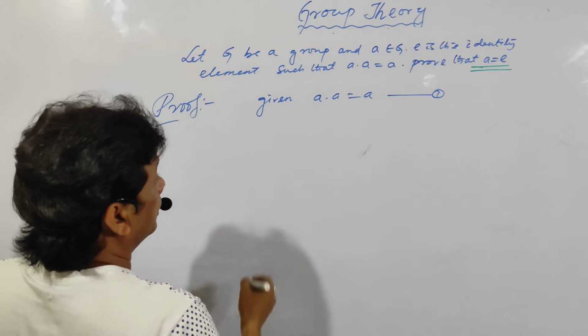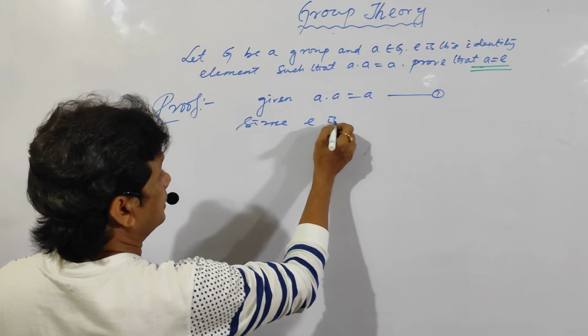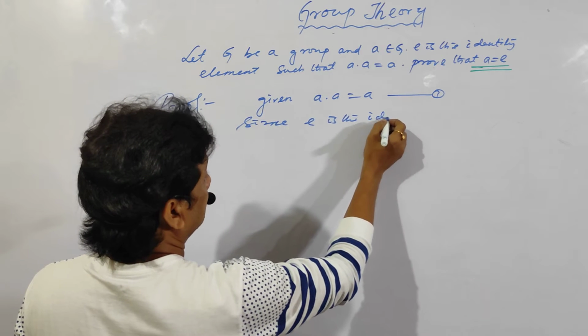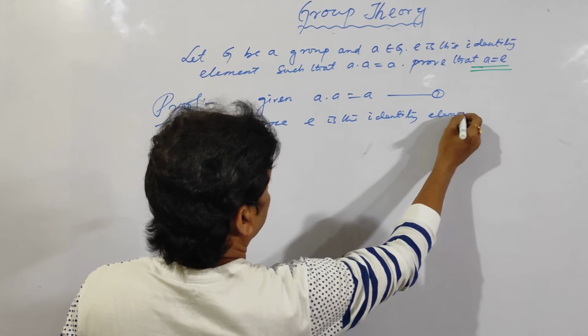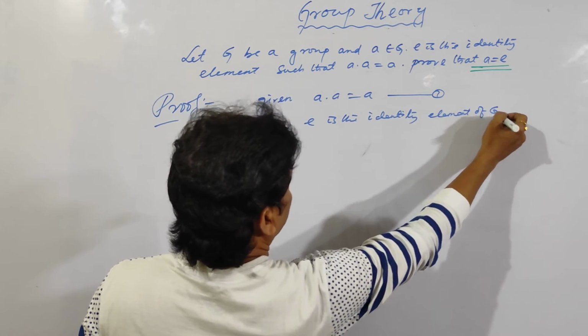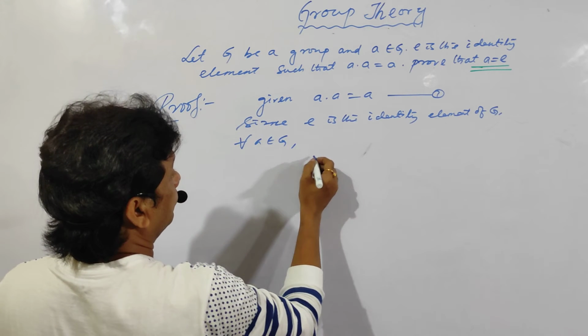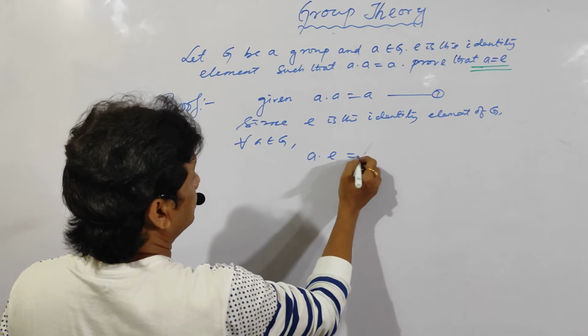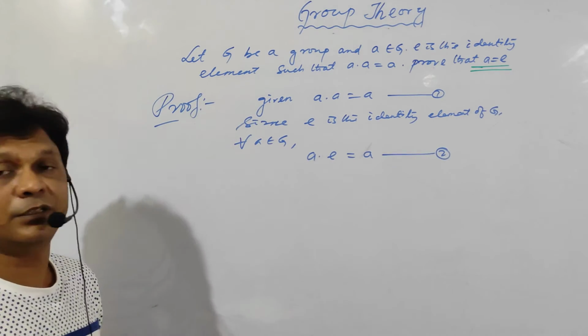Okay. Now since e is the identity element of G, so for all a belongs to G, a into e is equal to a. Clear?